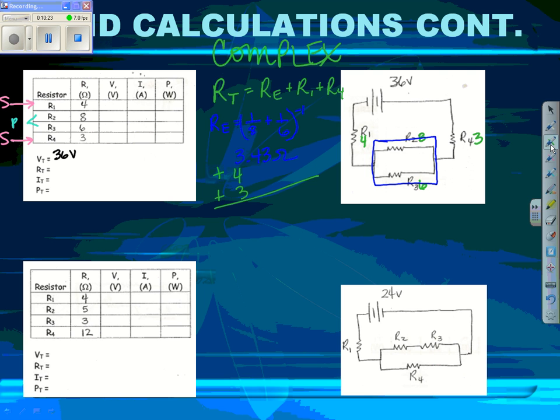So I'm going to end up with 10.43 ohms as my total resistance. So I had to use series and parallel rules. Now I can solve for my I, because I is going to be V over R. So I can take 36 divided by 10.43, and I end up with an answer of 3.45 amps.